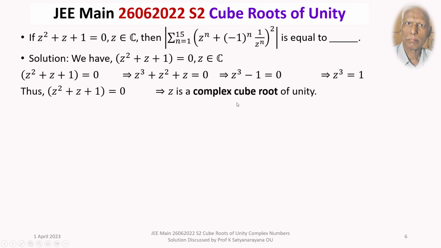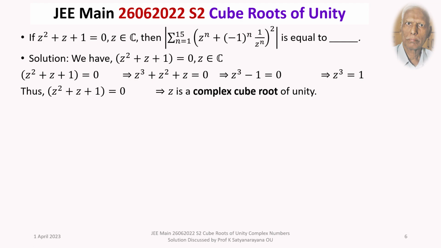We have studied in our earlier classes the cube roots of unity, and we have one real cube root of unity, that is 1, and the other two are complex cube roots, they are omega and omega square, and we have studied their properties. In fact, this z we are talking about here is one of the complex cube roots of unity.